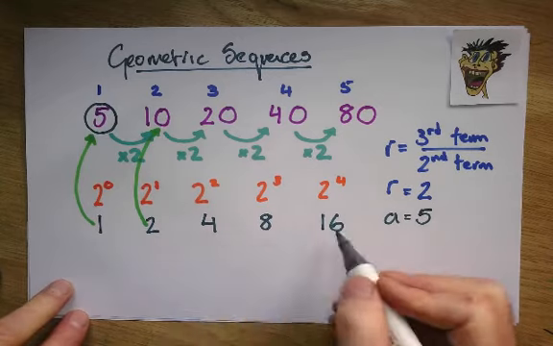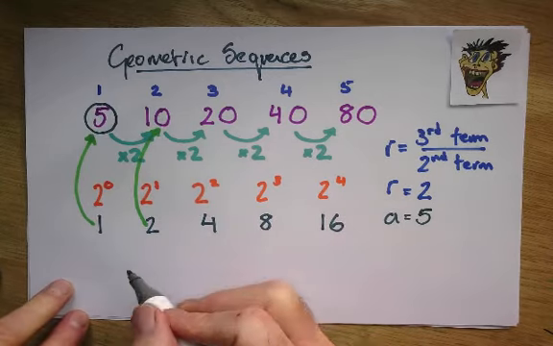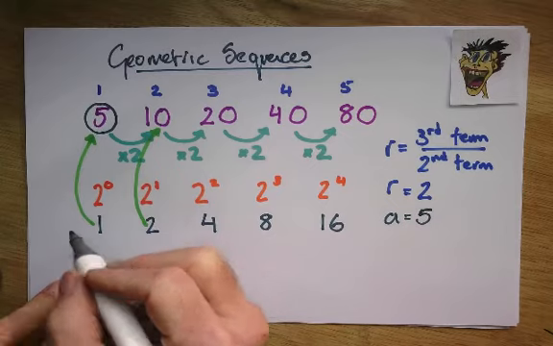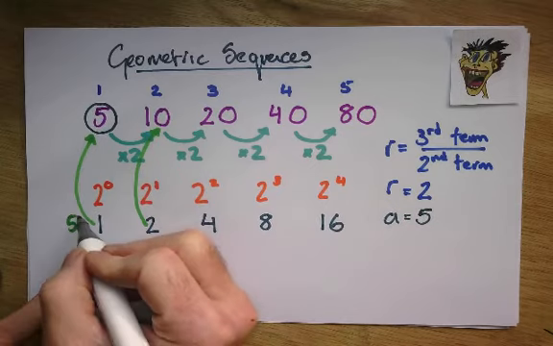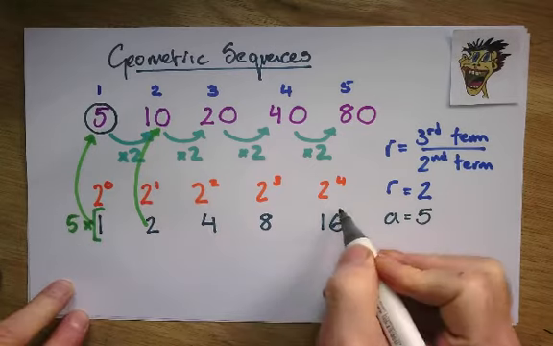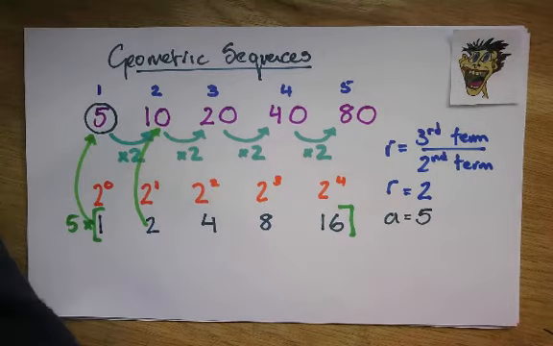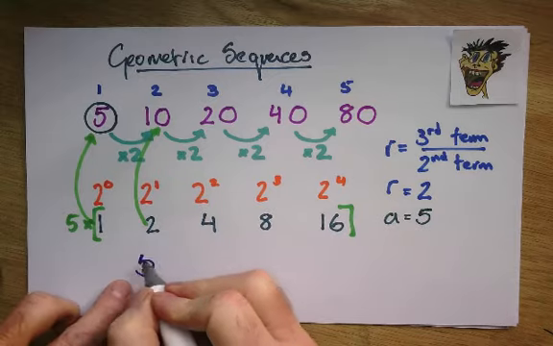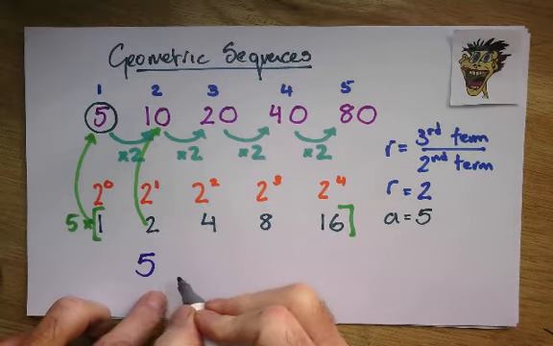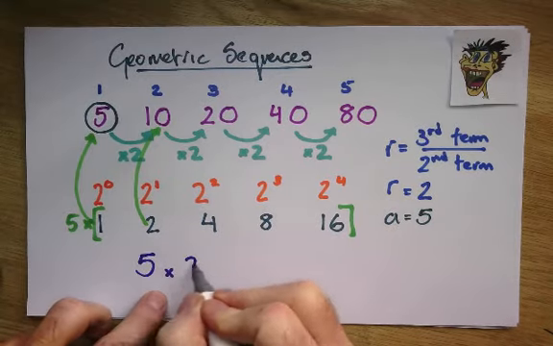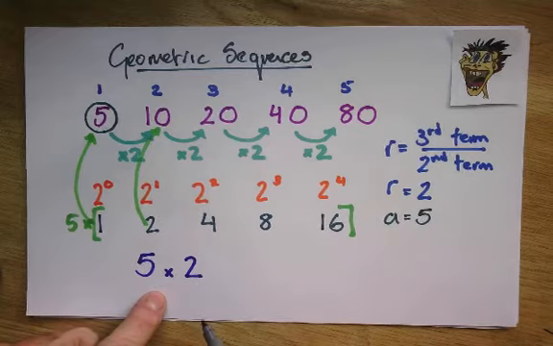So I times each of these by 5, I'll get the numbers I want. 5 times each of these and I get my sequence. So the 5 is the coefficient, and then we have the common ratio of 2.